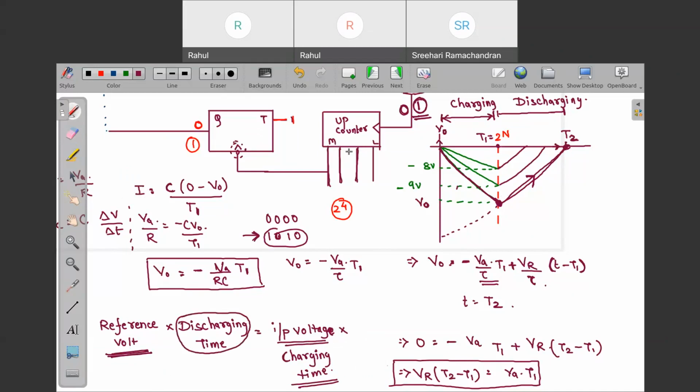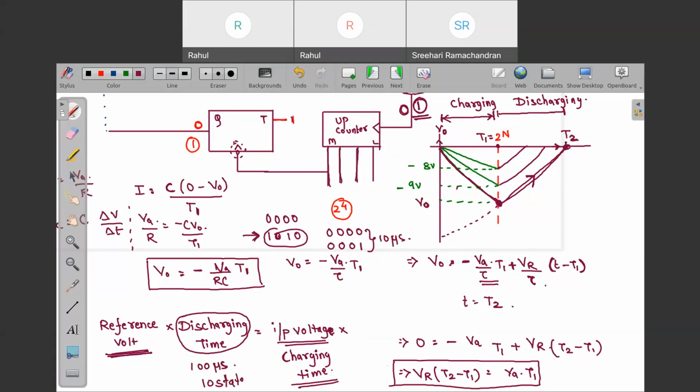So they will tell you that if this up counter is counting from 0000 to 0001 in like 10 microsecond, and if from this calculation you get discharging time as 100 microsecond, this corresponds to 10 state changes.